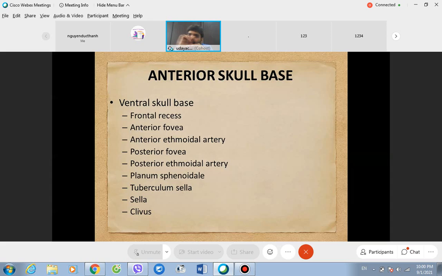But before the sella, there is a tuberculum sellae, followed by the sella, and below it is the fossa, which is the clivus. So, to revise: frontal recess, anterior fovea, anterior ethmoidal artery, posterior fovea, posterior ethmoidal artery, planum sphenoidale, tuberculum sellae, sella, clivus. Okay.